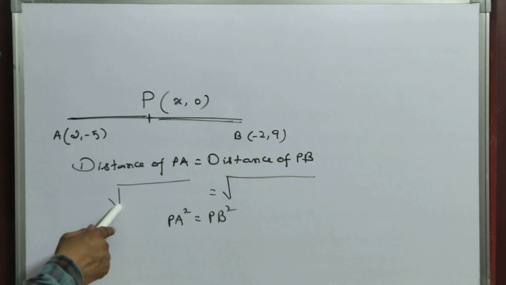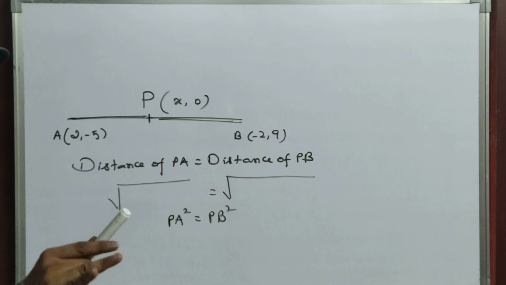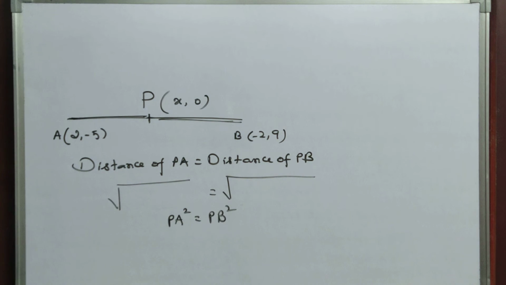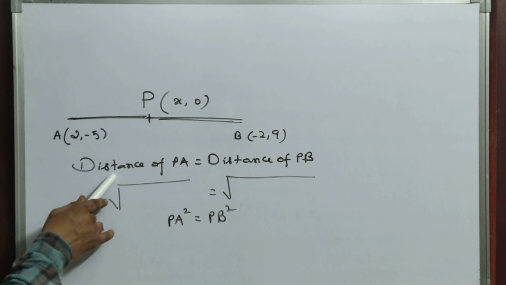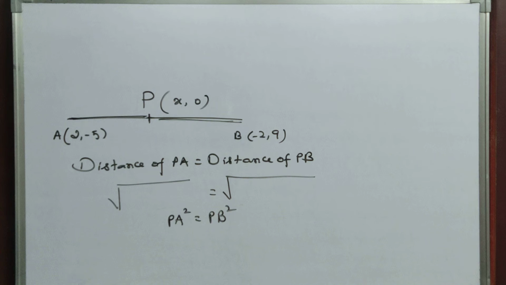This will go that side and become a square, and this will come this side and become a square. Otherwise you do one thing, simply find the distance of PA and the distance of PB. If you get confused, I think that is better for you. You don't bother about this, no problem, nothing will happen. I will solve this problem and show you how to solve it.